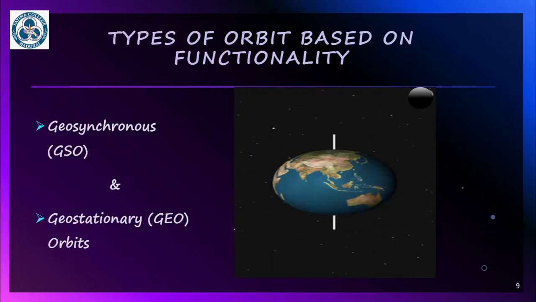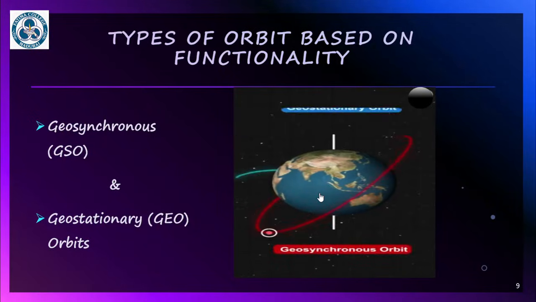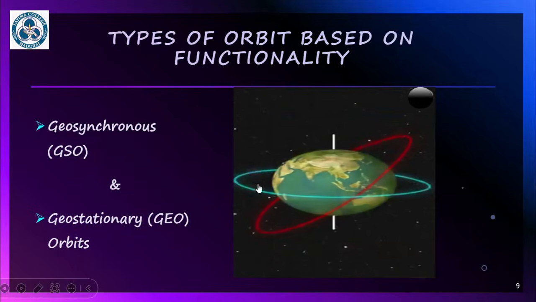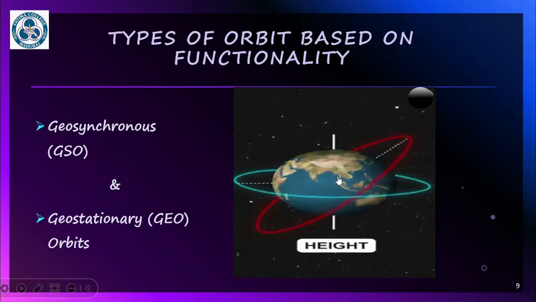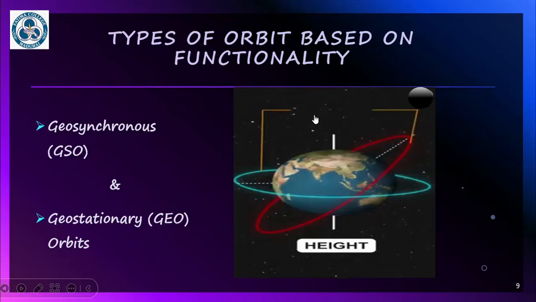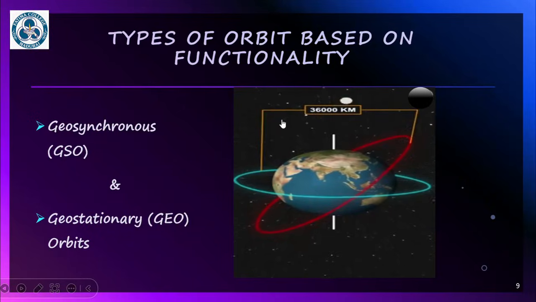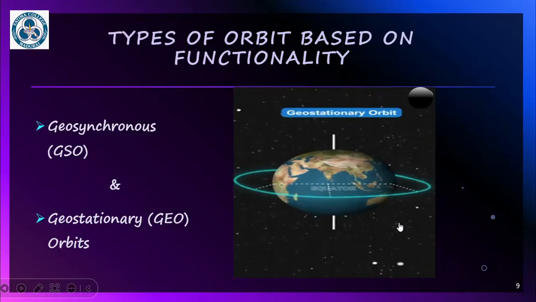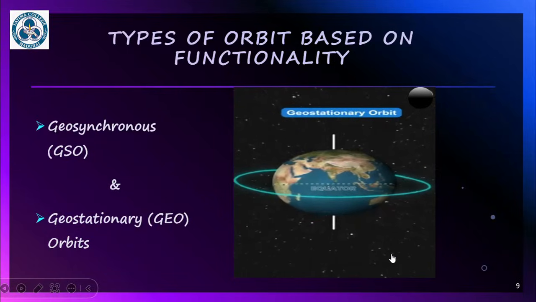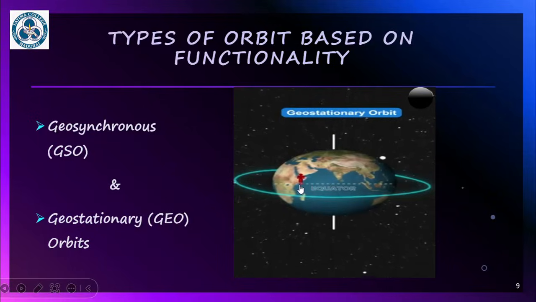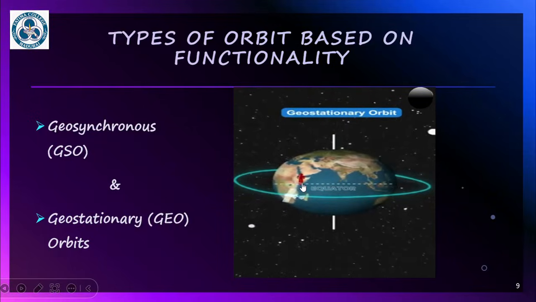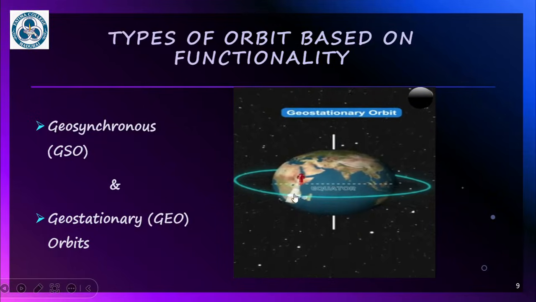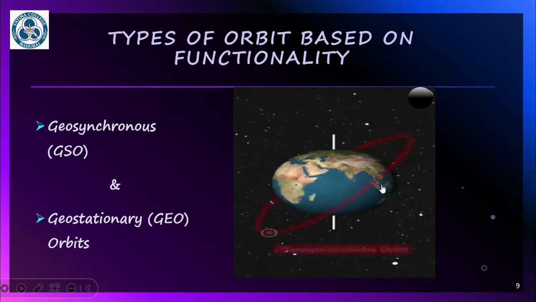In this video clip, notice the difference between the geosynchronous orbit and geostationary orbit. If you measure the height of these orbits from the Earth's surface, both are located at approximately 36,000 kilometers above the Earth's surface. A geostationary orbit is an orbit that lies directly above the Earth's equator. If a person stands at a point on the equator and looks upwards, a satellite placed in a geostationary orbit will appear fixed at the same position in the sky all the time.